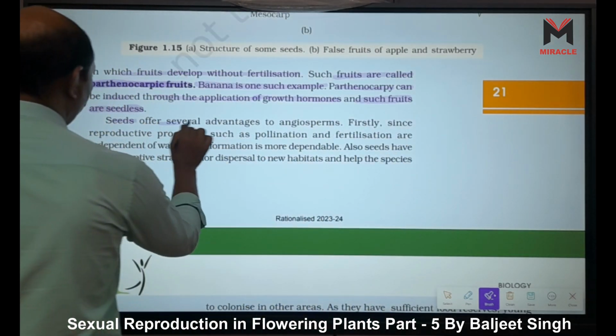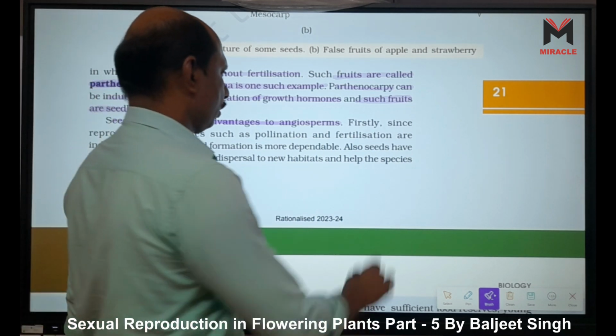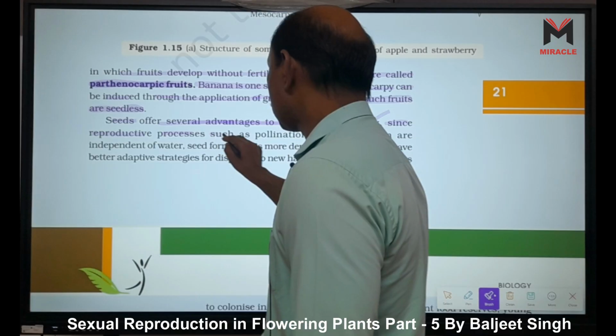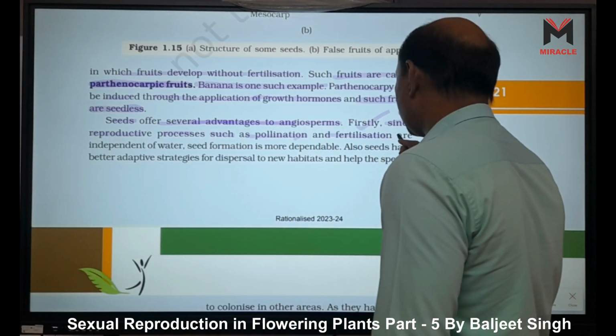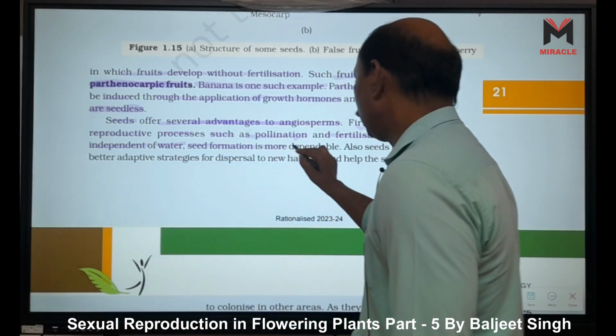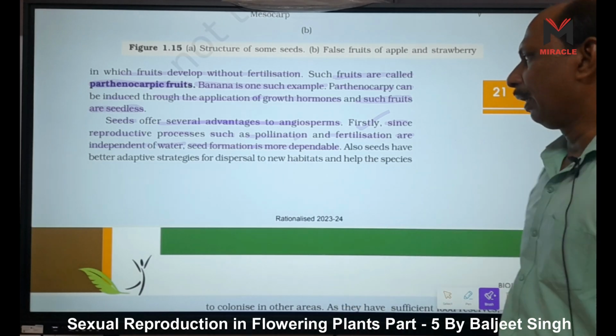Seed offers several advantages to angiosperms. What advantage? First, since reproductive processes such as pollination and fertilization are independent of water, seed formation is more dependable, right? That is the first thing.